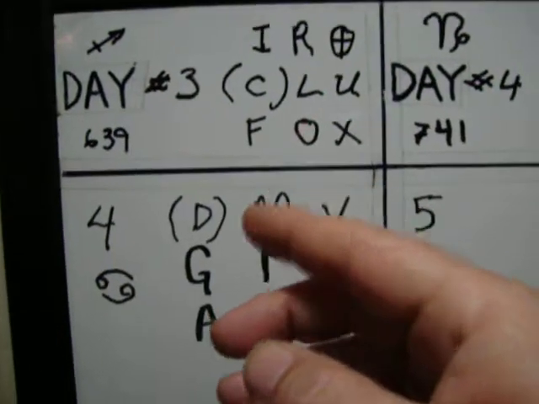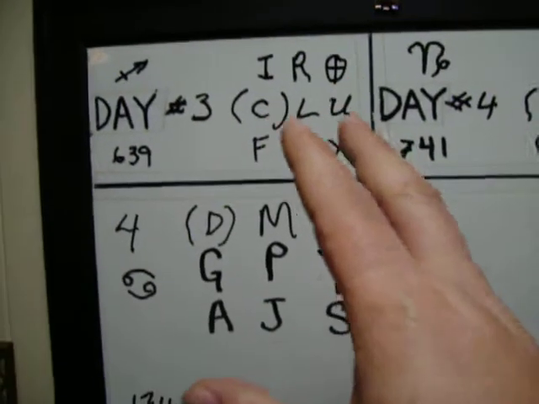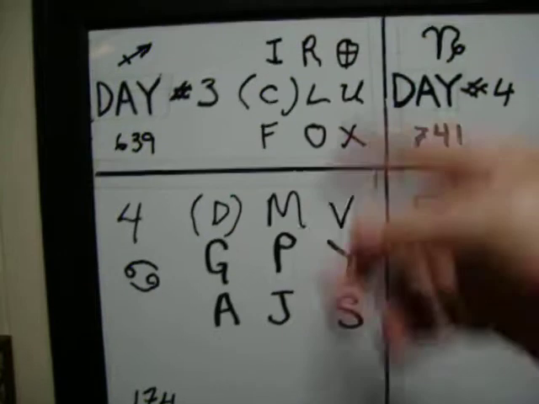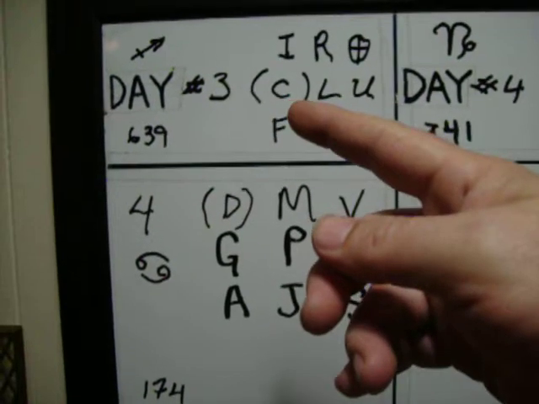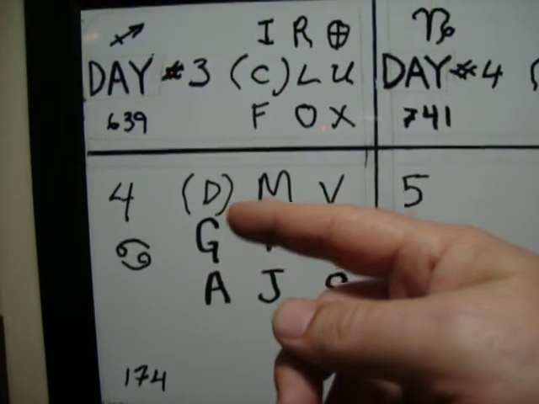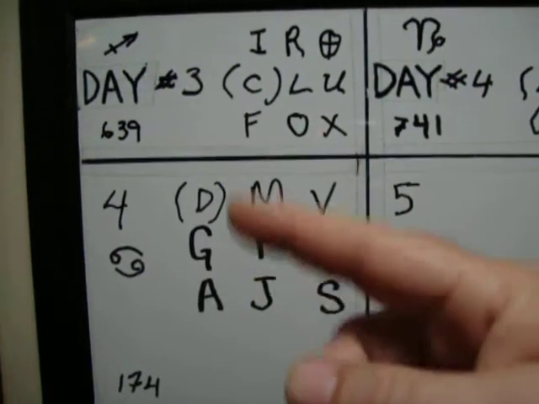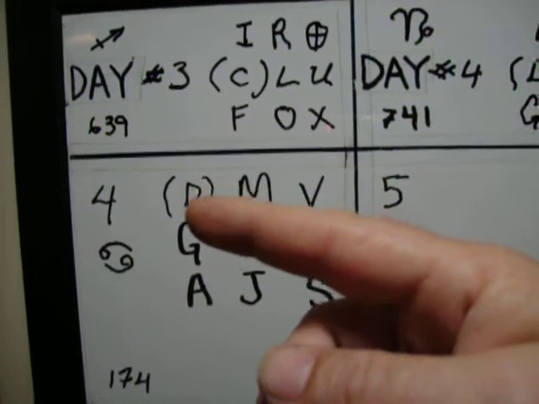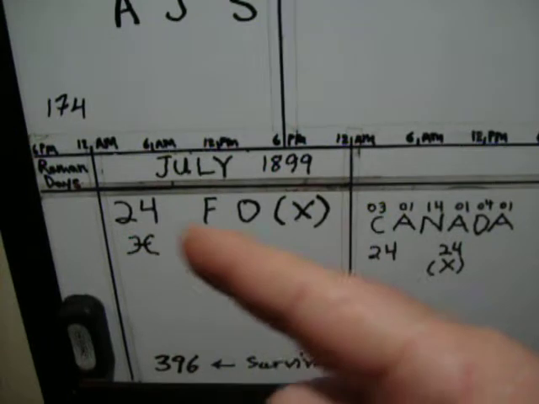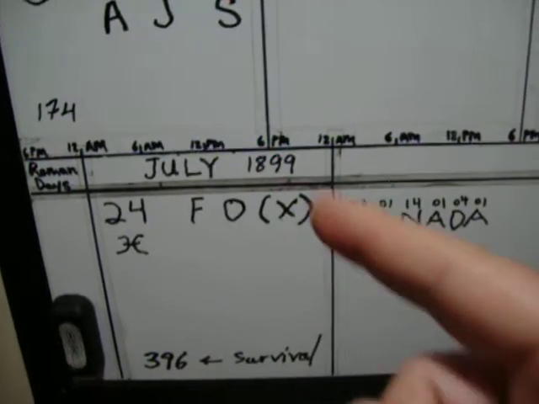But what I'm showing you is that Father knew that his name would later be changed to Chief Dan George. Okay? And his delivery day is tied to July 24th, you see Canada is bracketed.